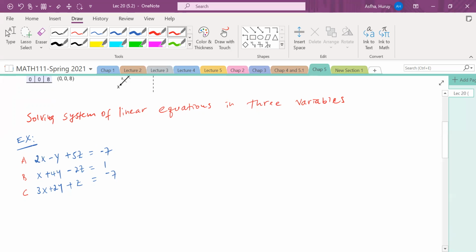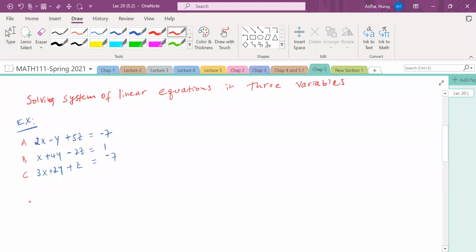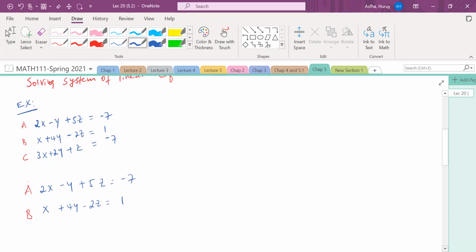So for example, I will pick A and B. A is 2x minus y plus 5z equals -7, and this is B. So which variable is easier to eliminate?